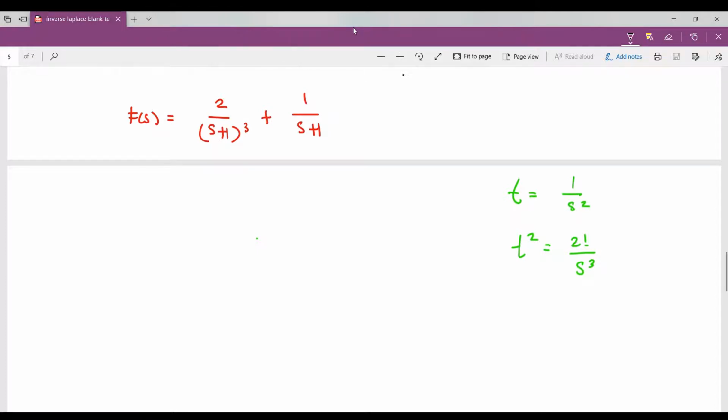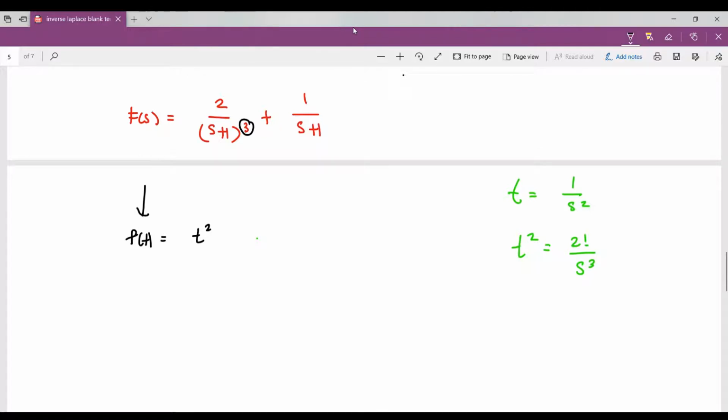Okay, as you can see here, to get f(t) from this, from the table, if the signal is ramp t, the S domain is equal to 1 over S square. And if the signal is t square, then the S domain is 2 factorial over S cube. And then you can see here the power of S is cube, so we know that this is the element of t square in T domain.